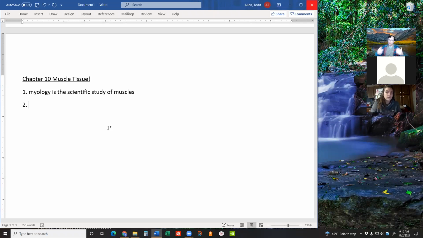So when muscles do what they do, their job is to take the chemical energy that they've taken in from the food you've eaten over the periods of time in your life and transform it into mechanical energy for mechanical motion.